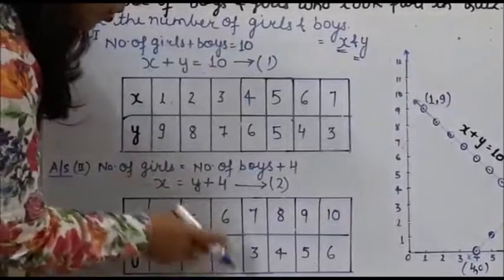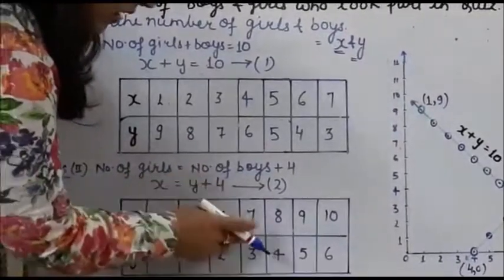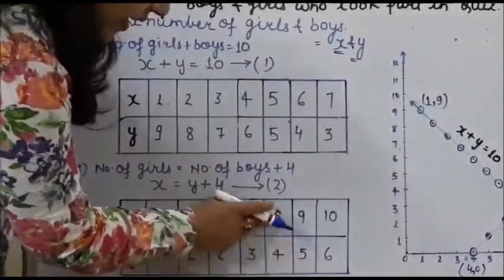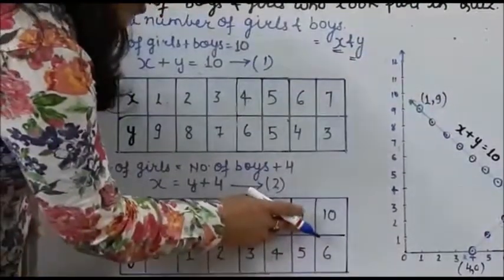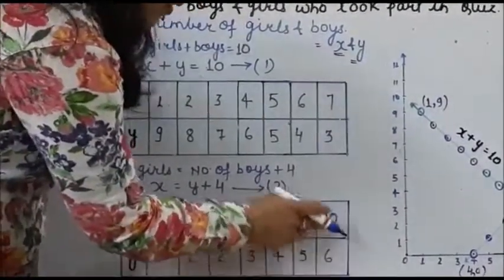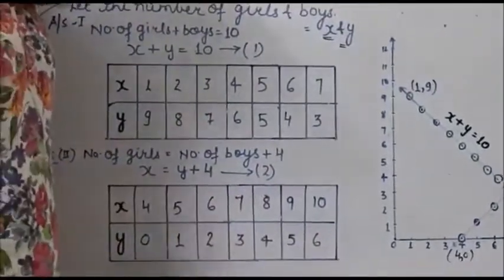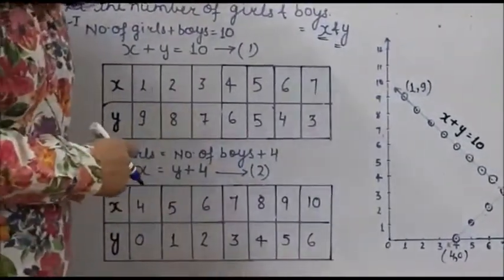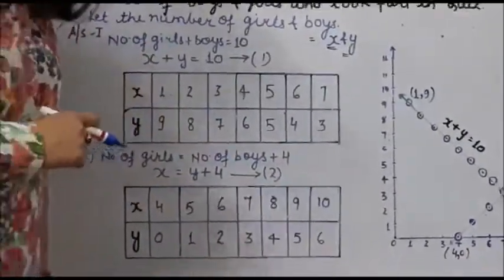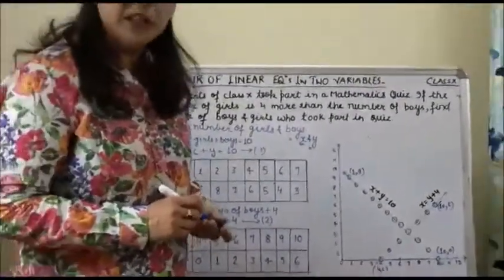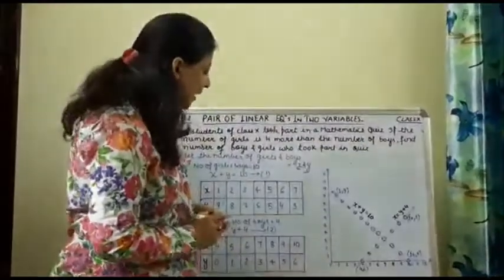Y is equal to 2, 6. Y is equal to 3, 7. Y is equal to 4, 8. Y is equal to 5, 9. Y is equal to 6, X is equal to 10. So different values of Y, if I am going to put, I got different values of X. Now what is left? I need to plot the lines on the graph.